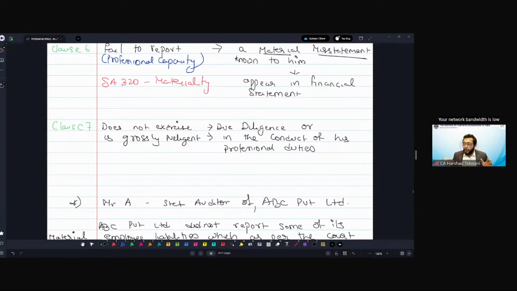Now, we are talking about examination in whole, not a particular part of the data, but examination of the whole financial statement. If he has missed out the examination of the whole financial statement or a majority of the portion of the financial statement, then yes, 2 can be attracted. But if I talk about only a portion, which could be material but not the majority portion, in that case, it is very difficult to say that clause 2 will get attracted. It is very subjective rather.